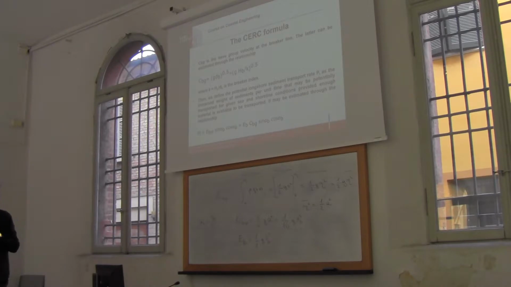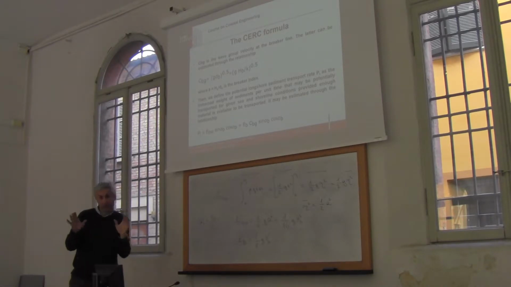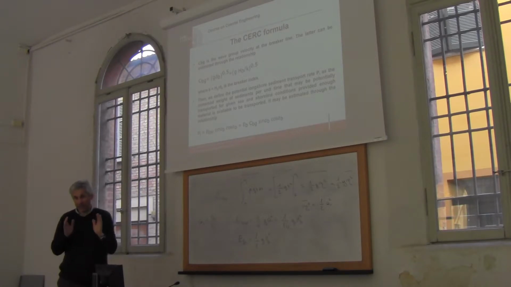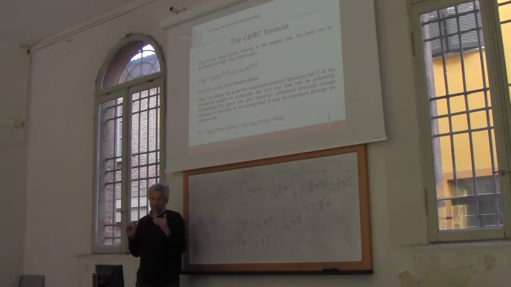So basically, what did we derive so far? We derived the energy flux through a unit width in the transversal direction of the wave. That's fine. But then we have to consider the wave direction, because the energy flux is independent of the wave direction.